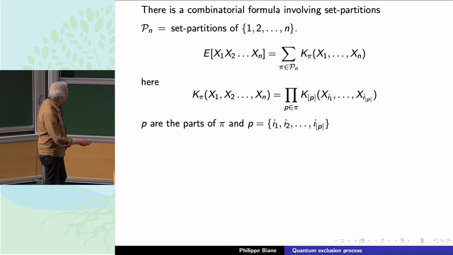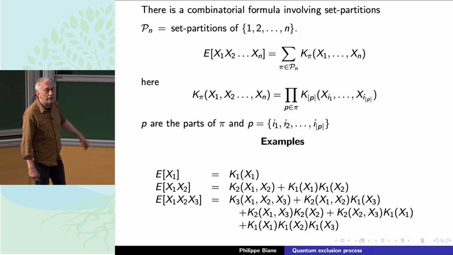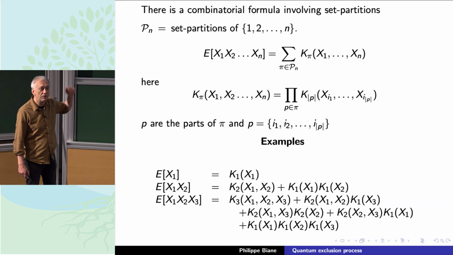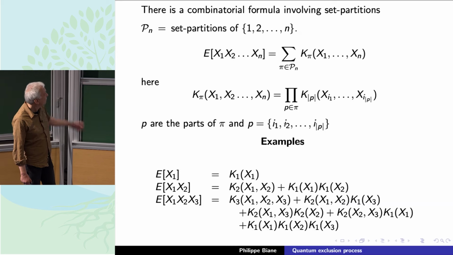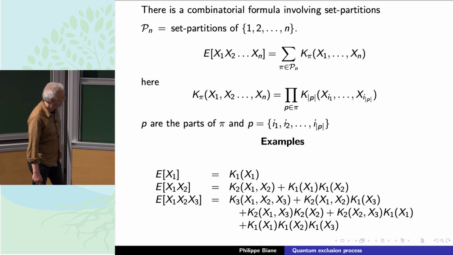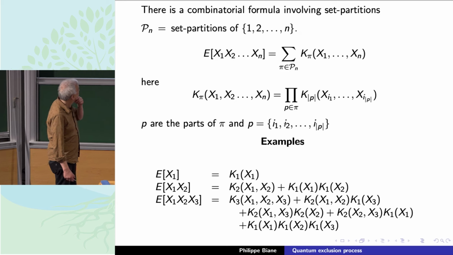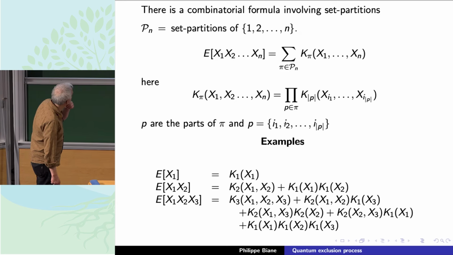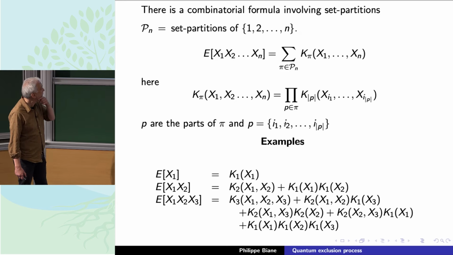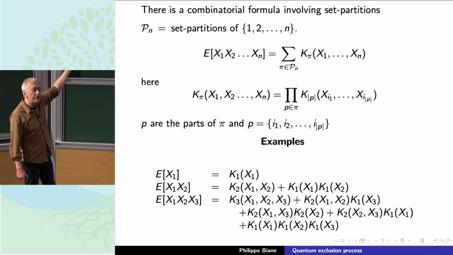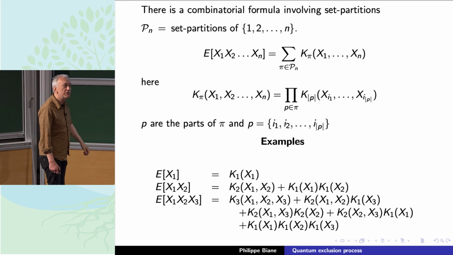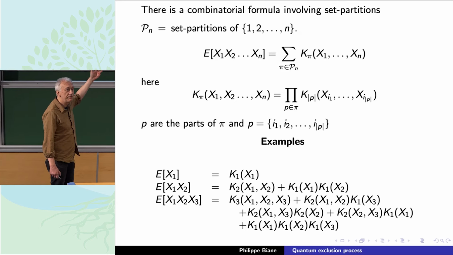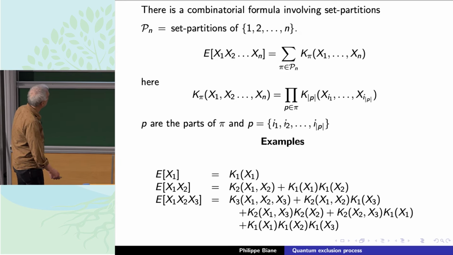In order to make this concrete, this is the formula that you get for the first few n's. So we get the expectation, which is the first cumulant, the expectation of the product, and so on. And the formula that I showed before is just the inversion of this formula. Going from moments to cumulants is a triangular system that you can solve easily by induction.